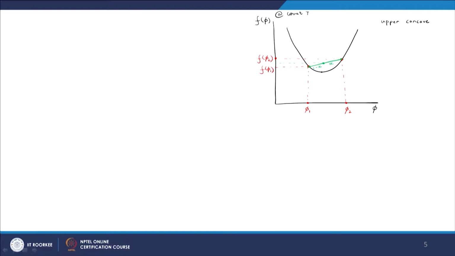So, you can think of alpha multiplied by x, for instance, and alpha multiplied by 1 minus x. And let us say what we have here, I call this some f. Okay.